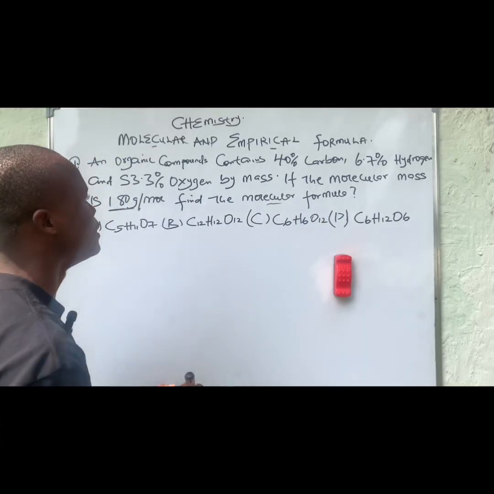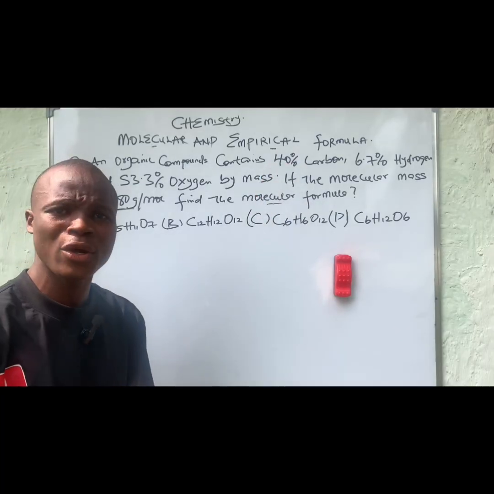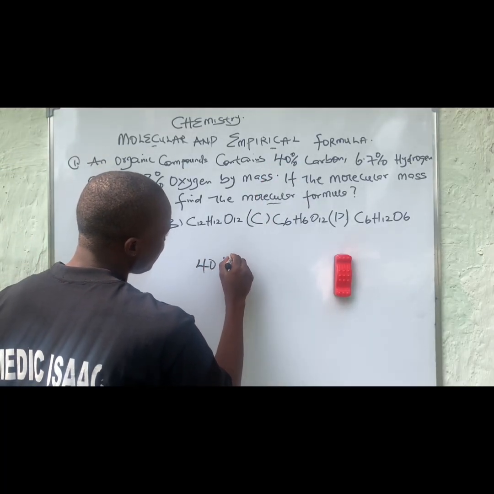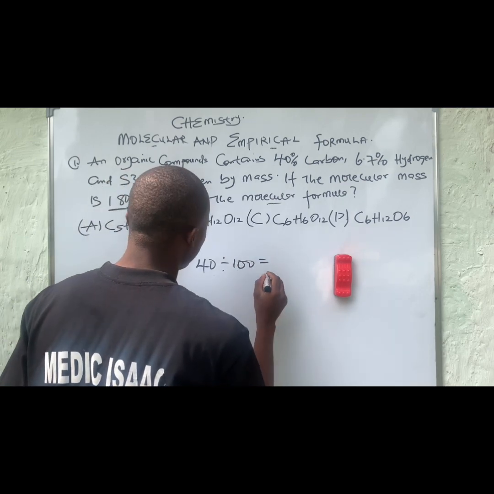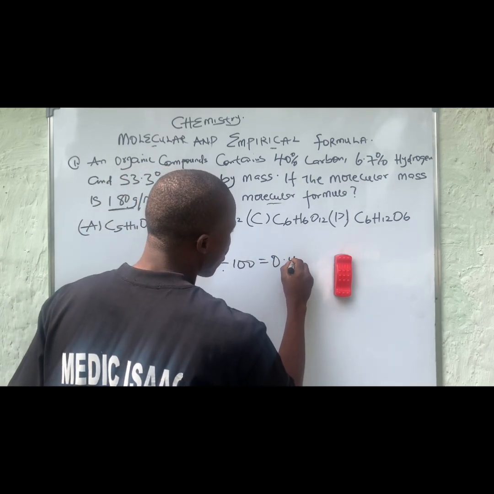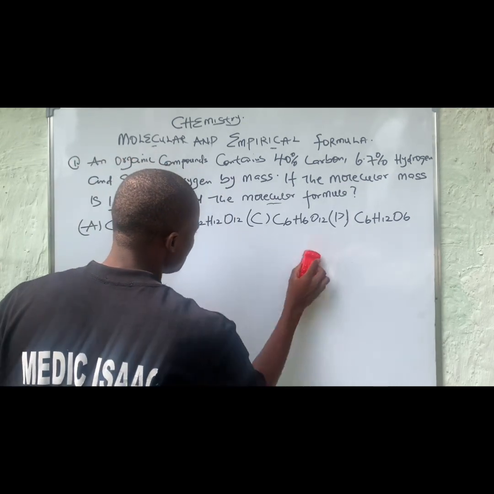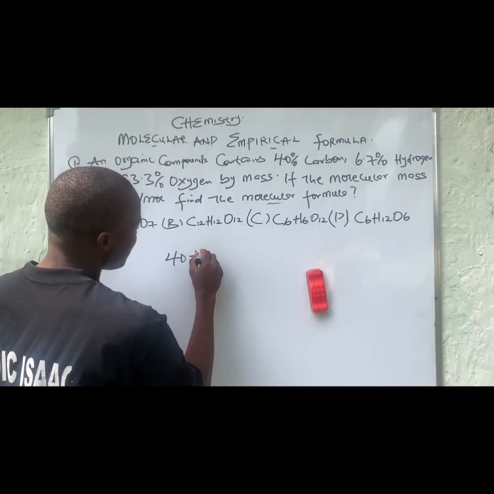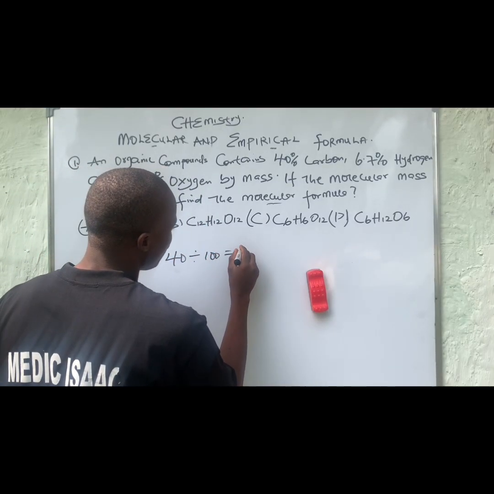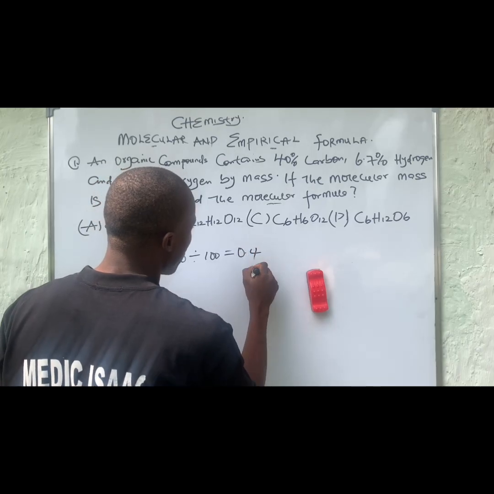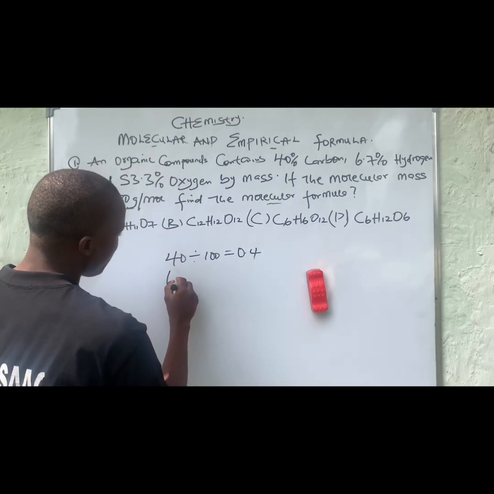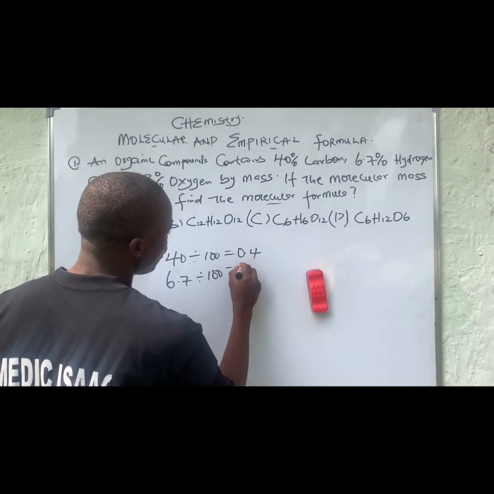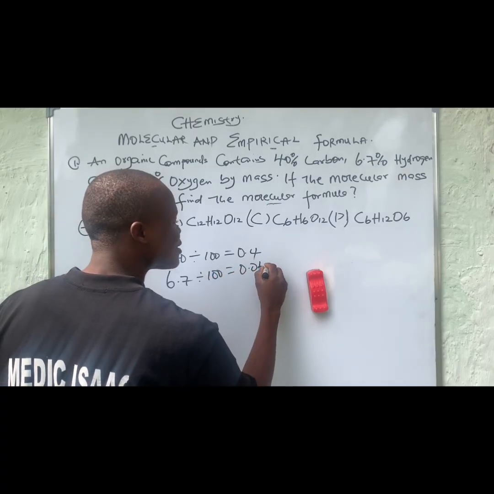So, solving them differently, you're going to look at the percentage. How are you going to find it? You write 40 divided by 100, which gives 0.4. Another one is 6.7 divided by 100, which gives 0.067.